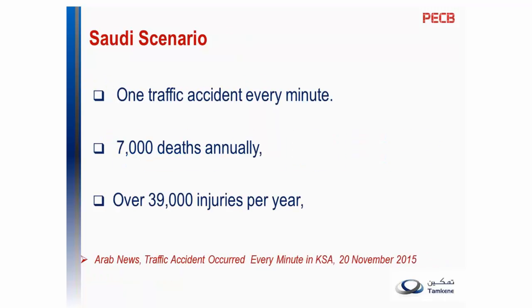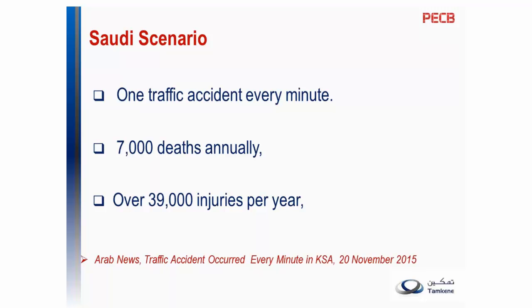Well, in Saudi per se, Arab News, based on recent research, reported very interesting information related to traffic accidents. They said that there is one traffic accident every minute in Saudi Arabia.